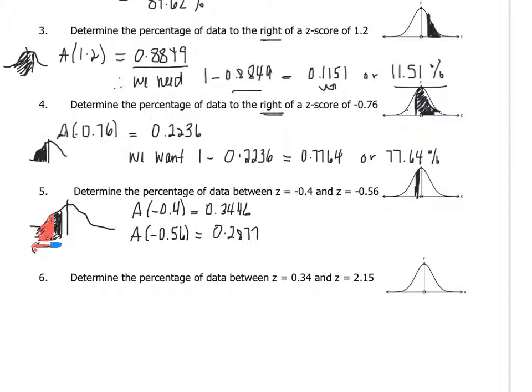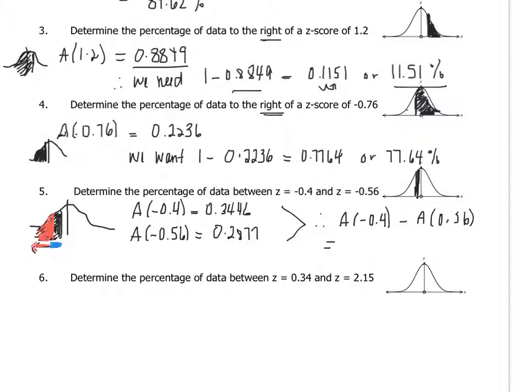And then if you want the area between, you would want the A of negative 0.4, subtract the one that's further away from the mean, negative 0.56. And you know you're doing this right because you should end up with a positive when you subtract them anyway.